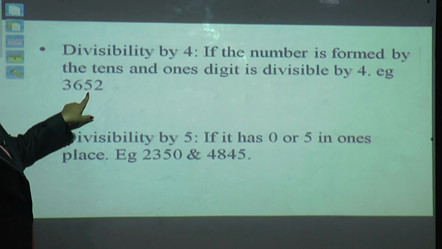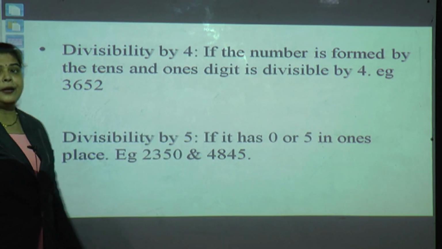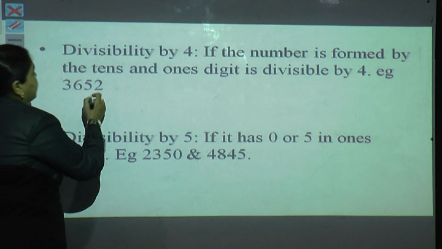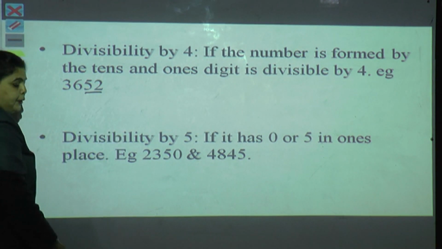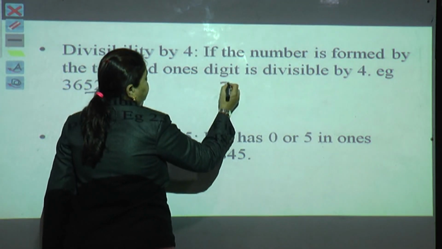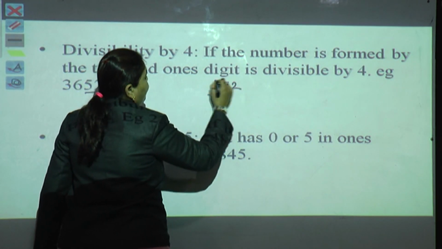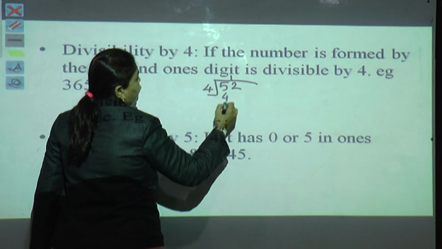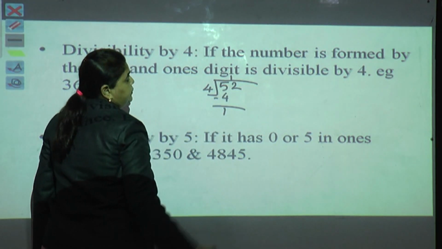I will show you this number, then we will have some more examples related to it. The last two digits in this number are 52. So practically, division of 52 by 4. Here 4 ones are 4. This will be 1.